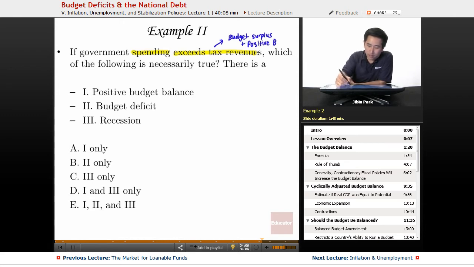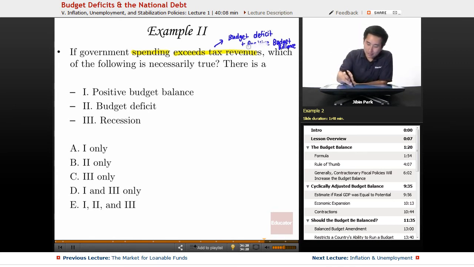Before even looking at the choices, understand what it is. I'm sorry, this is not a budget surplus. This is actually the opposite. This is a budget deficit, because if spending exceeds tax revenue, then you're spending more than is coming in.